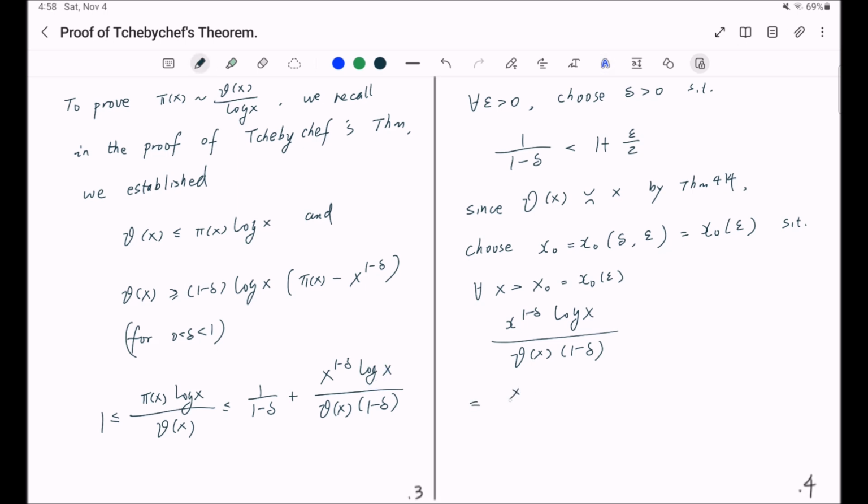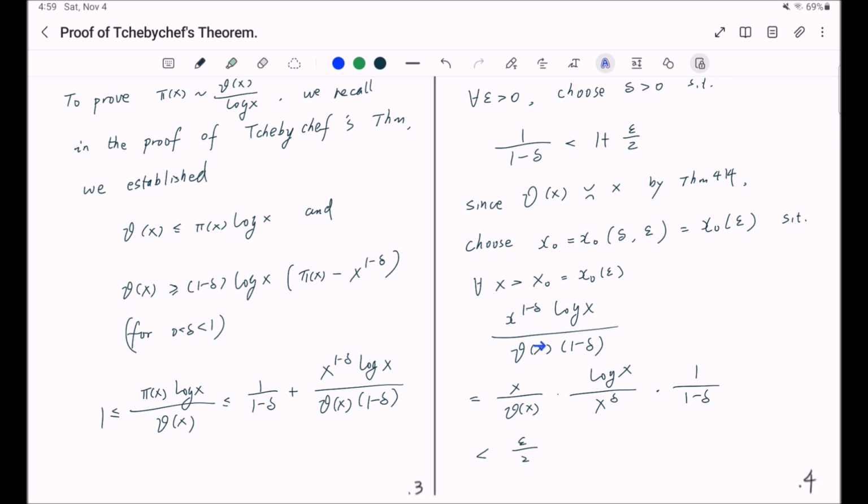If we break it up, you will see we can write it as the product of three things. This part is bounded, this part is a constant. But this part, as x goes to infinity, goes to 0. So as long as we choose x0 to be large enough, the product of these three must be less than epsilon divided by 2.